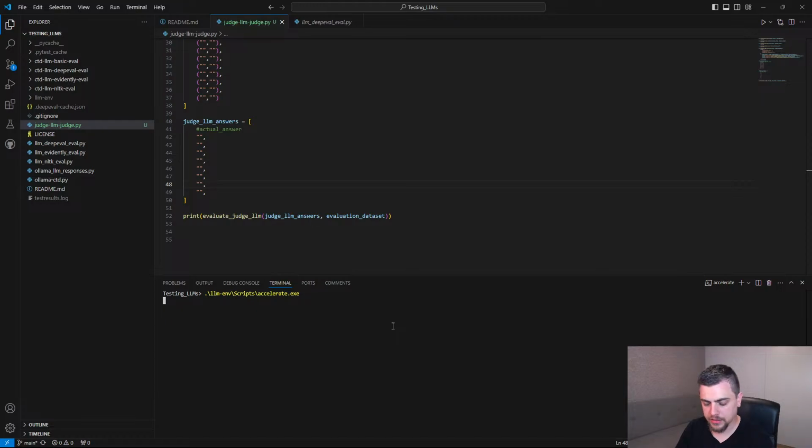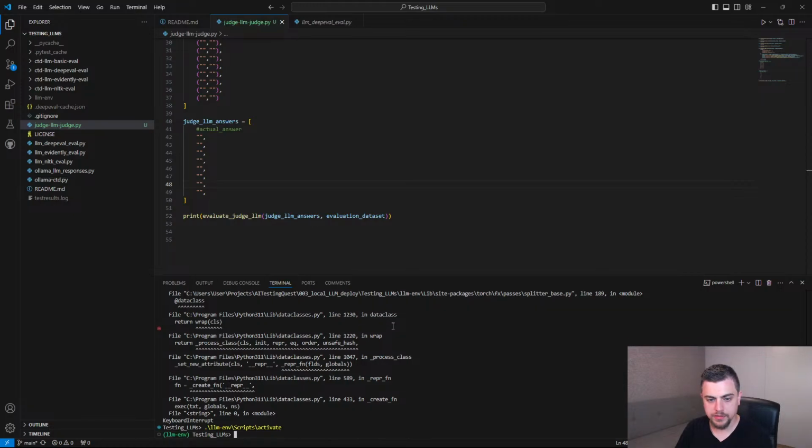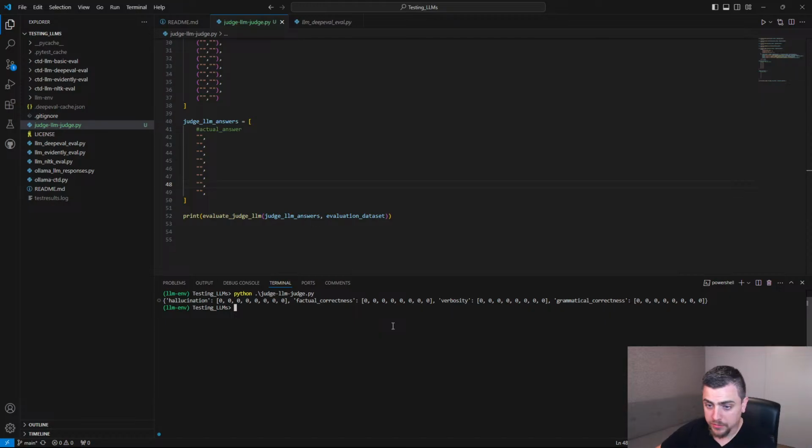Not accelerate. Come on, break. Okay. Activate. Yes. Yeah, so the virtual environment has been activated. Let's execute. Yay, it works. Not really meaningful, but it works. It has 8 scores with all of the metrics.